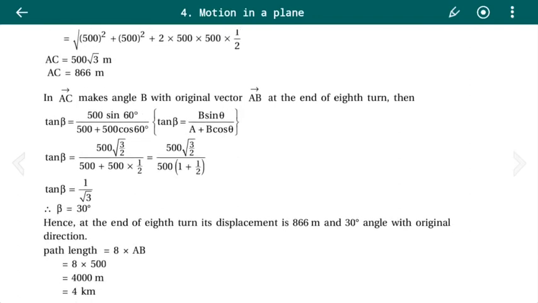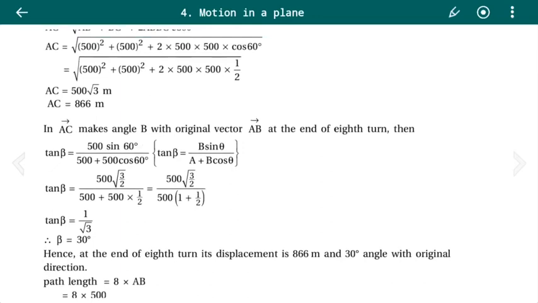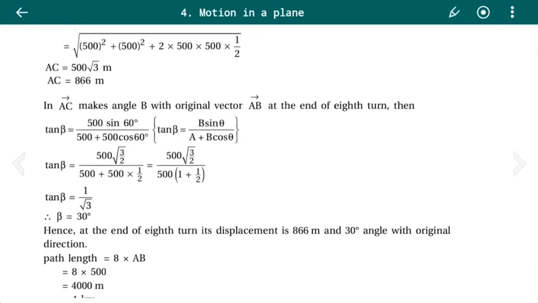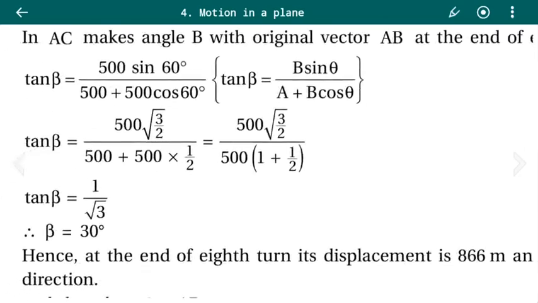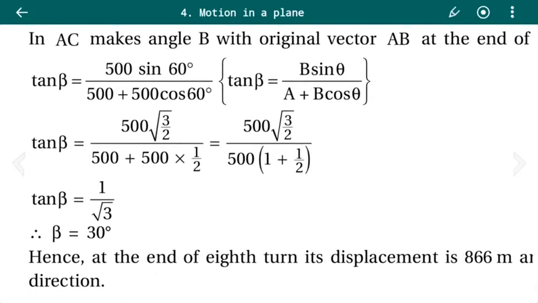Now to find the angle that AC makes with the vector AB, we use the tan rule. Tan beta is equal to B sin theta upon A plus B cos theta. Applying the values of A and B, which is 500, and theta, that is 60 degrees, we get 500 root 3 by 2 upon 500 plus 500 into 1 by 2.